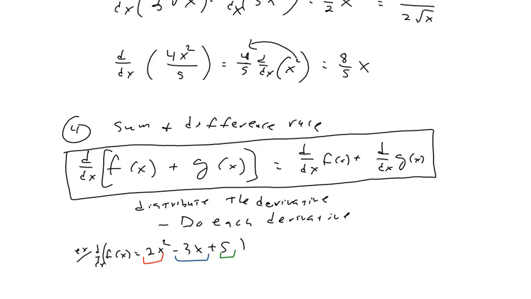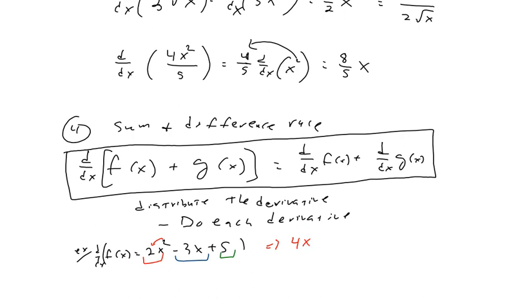So the derivative of 2x squared, I do my power rule. There's the 2, bring it down in front. 2 times 2, that's going to be 4. X to the first power, right? The 2 exponent drops by 1. 2 minus 1 is 1. 4x to the first power, that's my first part.